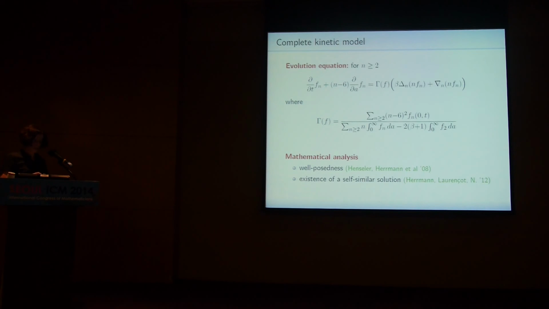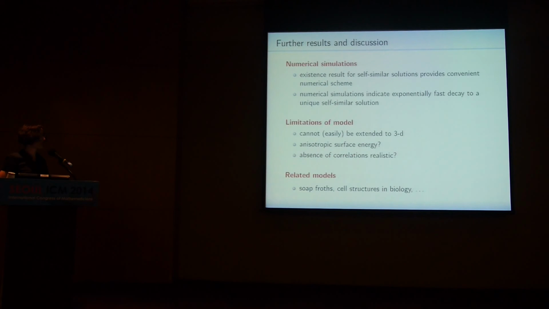We don't really know, but we did some numerical simulations. The simulation suggests that, in fact, the self-similar solution is unique and any solution converges, quite quickly, to the self-similar state. But this is numerics, and we are still lacking a proof, so this is still an open question.